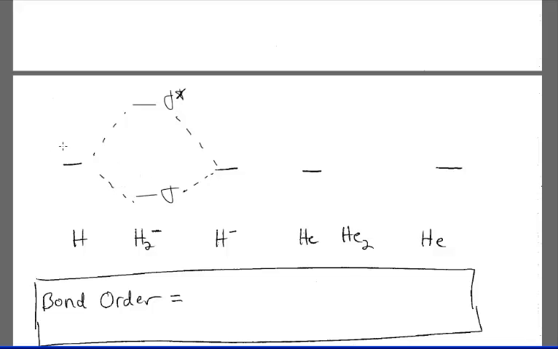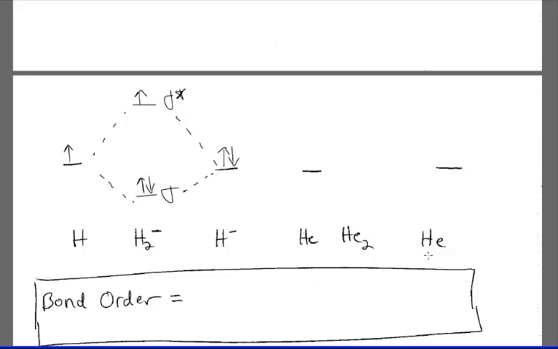And let's say we're combining, instead of hydrogen and hydrogen, a hydrogen and an H minus. H minus would have an extra electron. And then we can place those three using the Aufbau principle: 1, 2, and 3. So in this case, we have 2 electrons in a bonding orbital like hydrogen, but we have 1 in an anti-bonding orbital.